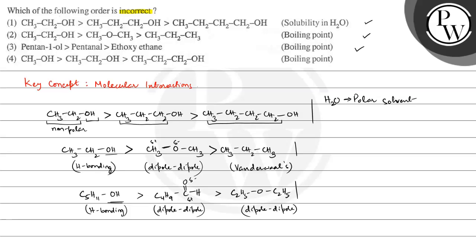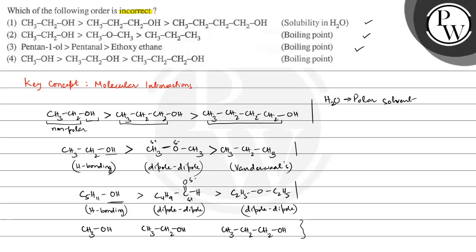Now if we talk about the fourth option, that is methanol, ethanol and propanol, and we are comparing boiling point. So this is CH3OH, CH3CH2OH, and then this is CH3CH2CH2OH.